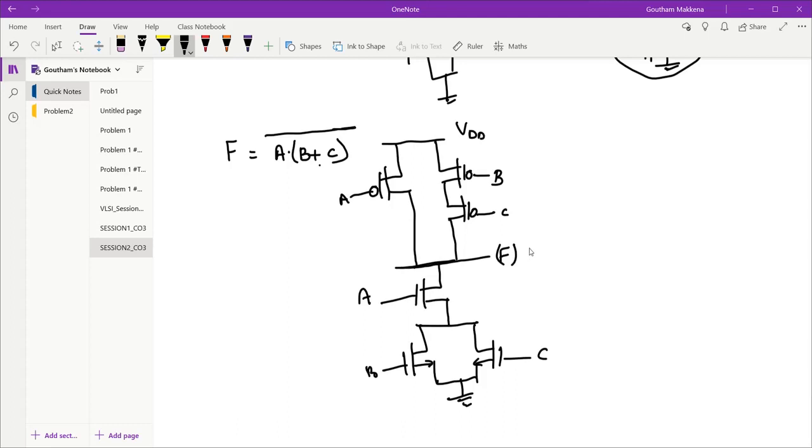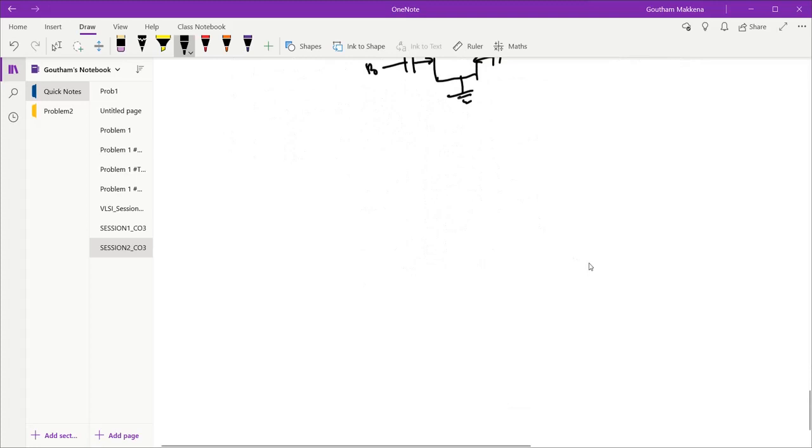Okay, so we'll take one more example so that you become comfortable with converting any given Boolean expression to CMOS logic style. So let us take this example. Let F be equal to (AB or C) whole complement.